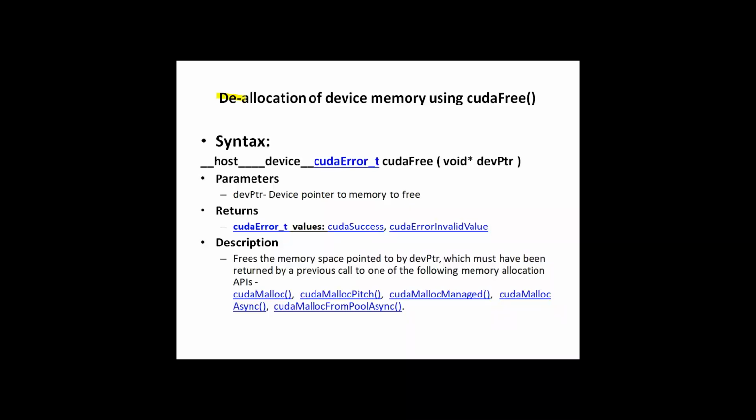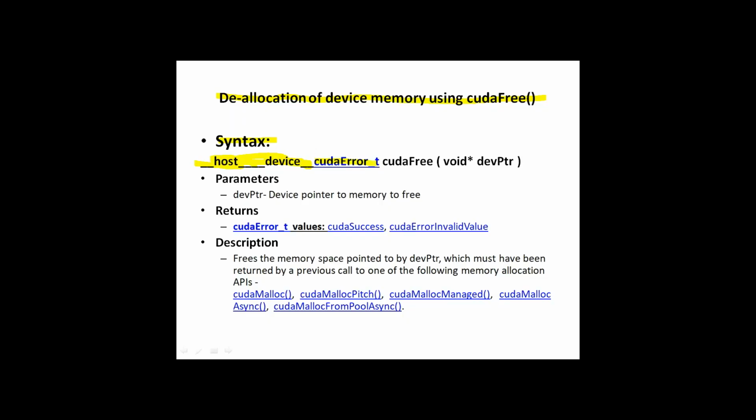Equivalent to the free function on the host, its CUDA equivalent is cudaFree. Deallocation of device memory is done using cudaFree. Its syntax is __host__ __device__, meaning it can be used in host code and also in the device code.